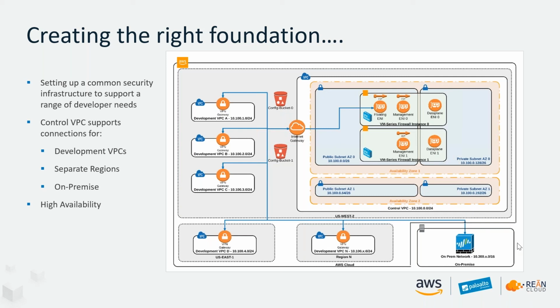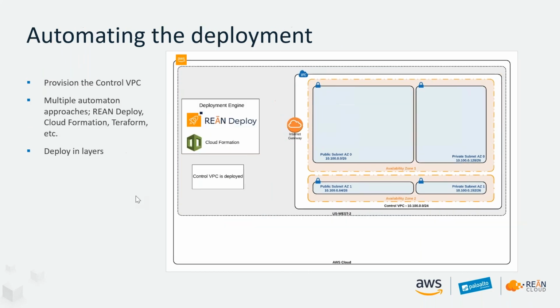All right. So in terms of how we build this and how we approached it, we focused on a layered approach, and really the foundation layer was the actual control VPC that we were going to host these shared resources in. And to build that out, we leveraged the REAN Deploy module I spoke about a few minutes ago to be able to build that infrastructure as code.